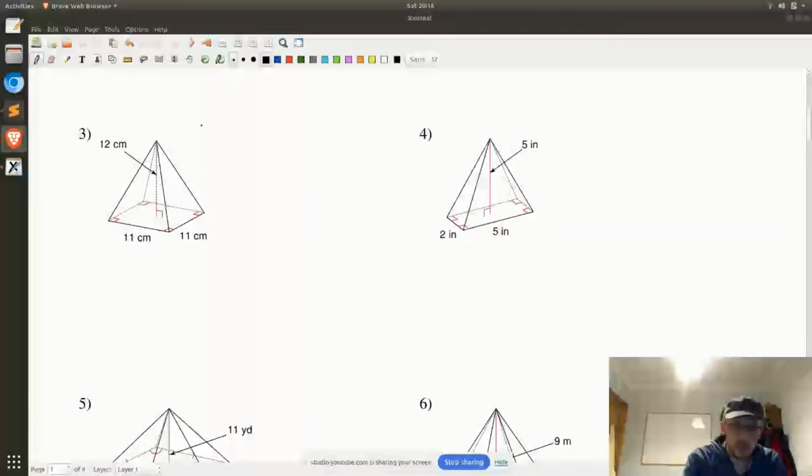Well, if you're going to be dividing by 3, why not just times 121 by 4? So we get 484 cubic centimeters. Here, 2 times 5 times 5, so 50, and then that has to be divided by 3, so 50 over 3.